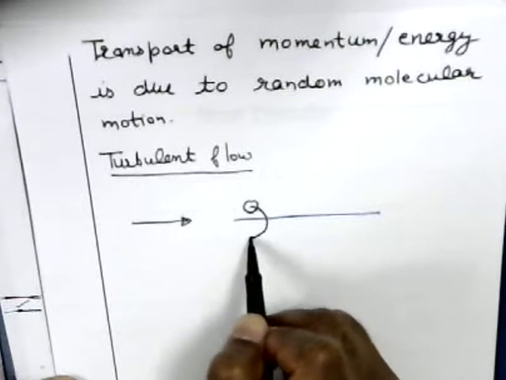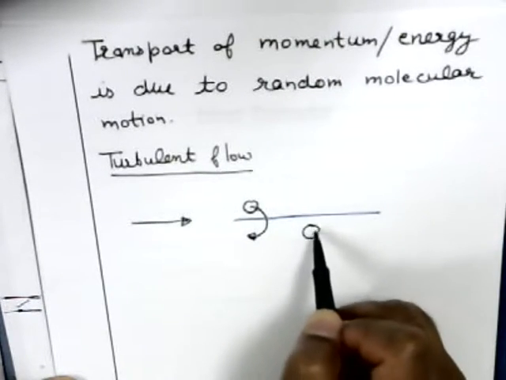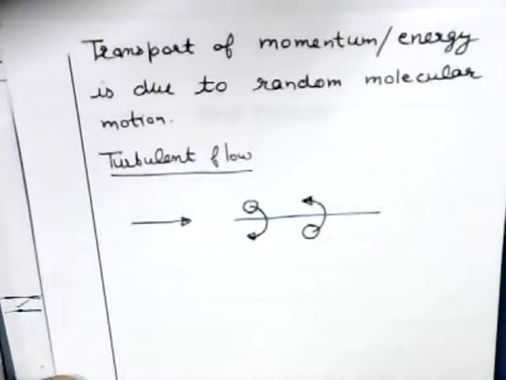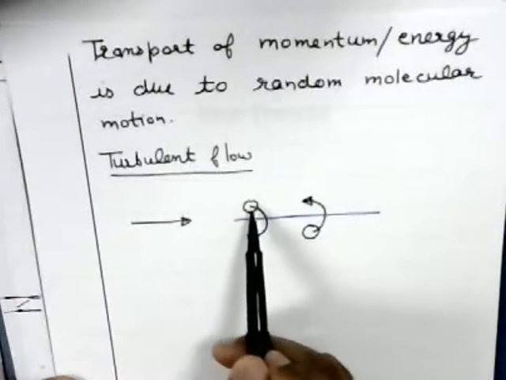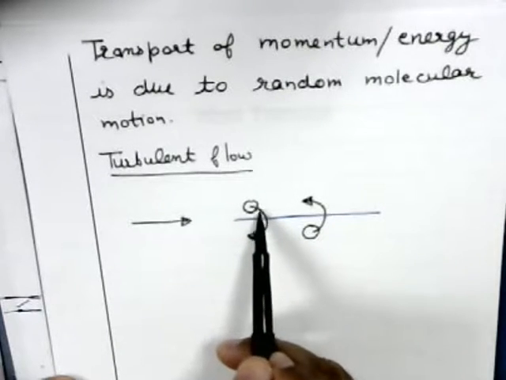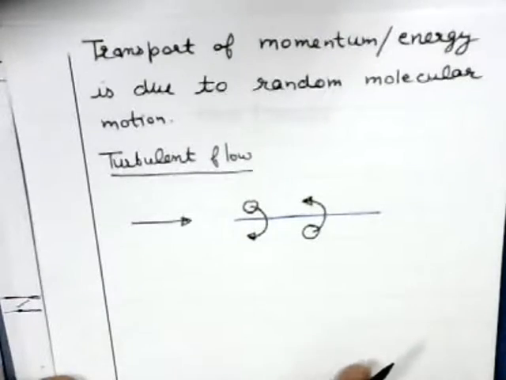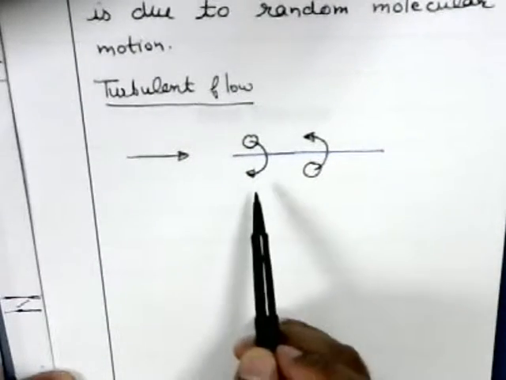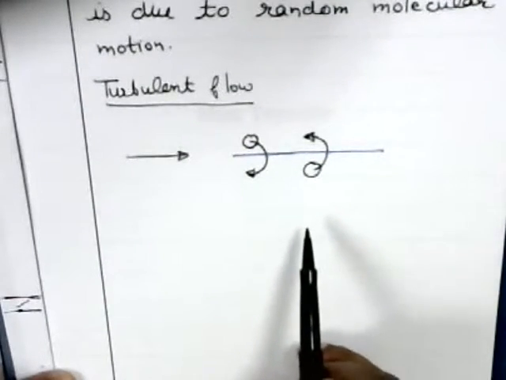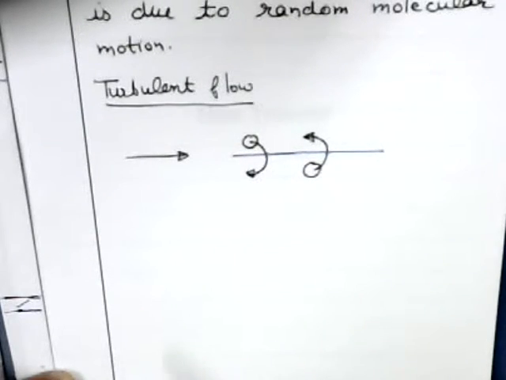It moves randomly across this plane. You take another particle, it moves like this. Whatever is the momentum or energy of this particle, it is transported. So the transport is now not only due to the random molecular activity but also due to this turbulence activity.